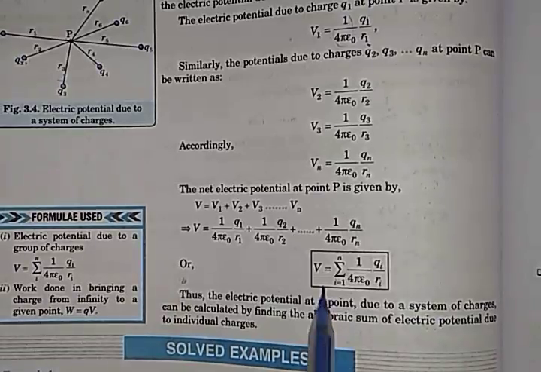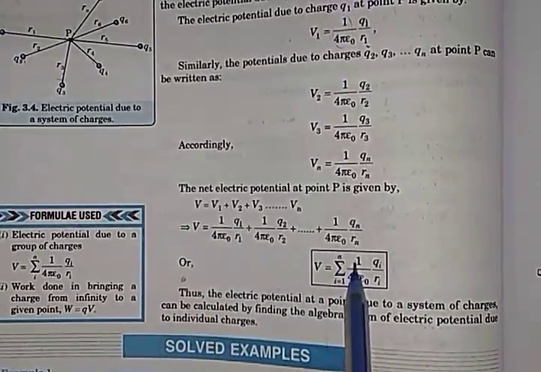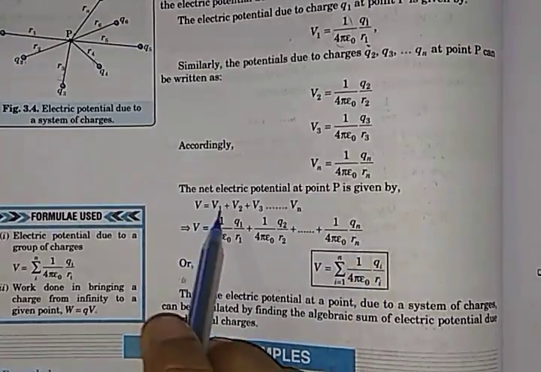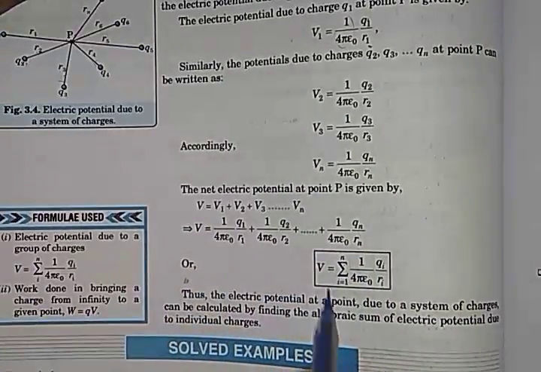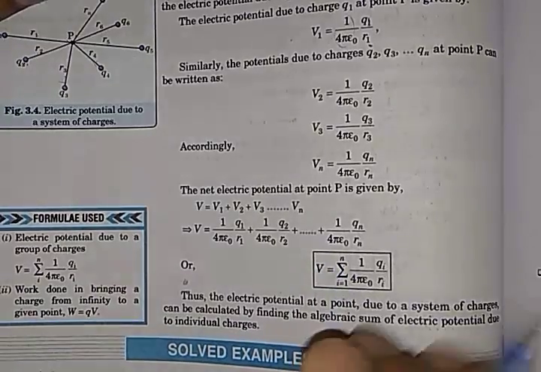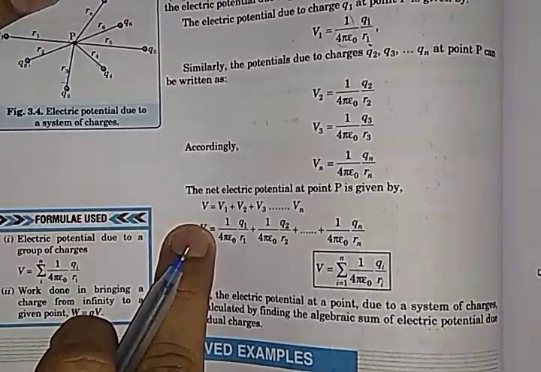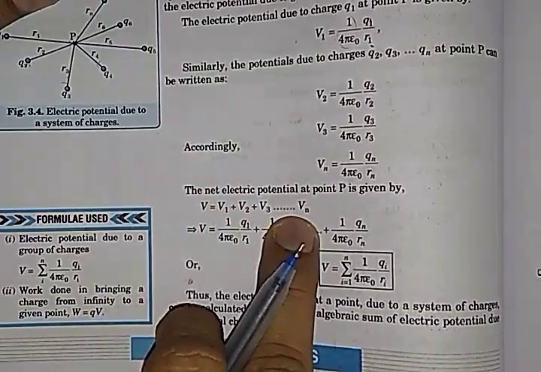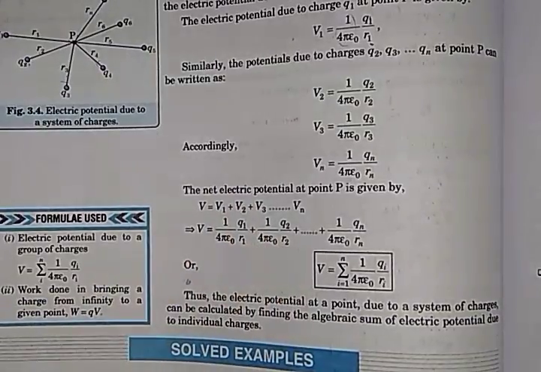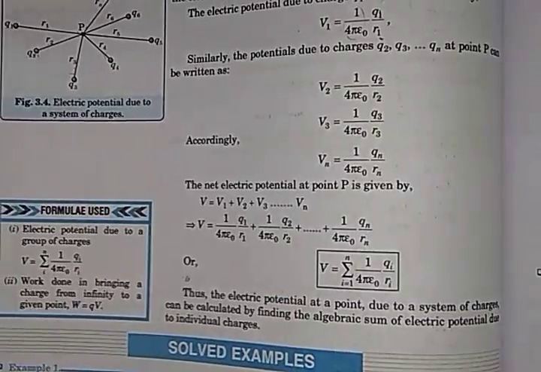We can write the summation of k q by r, with the charge index starting from 1 to n, naming it i. I know you are mathematics students, so you are able to understand this. So what is the intention? If a number of charges are given, simply add all the potentials.